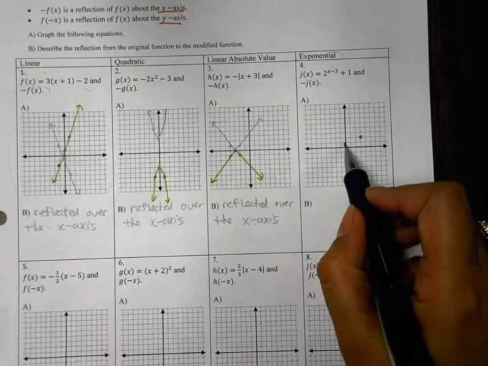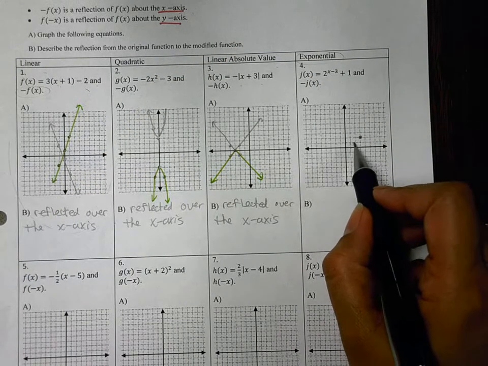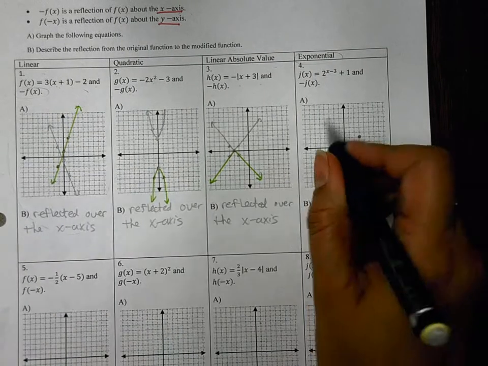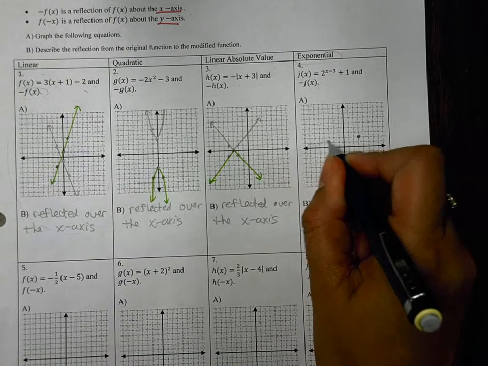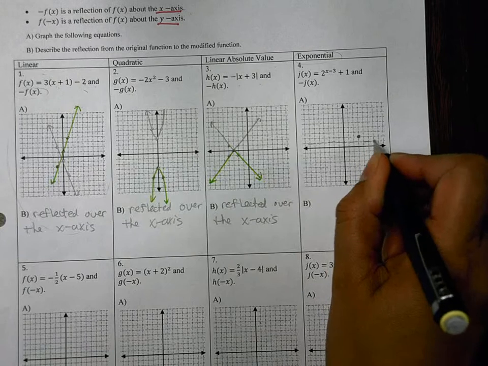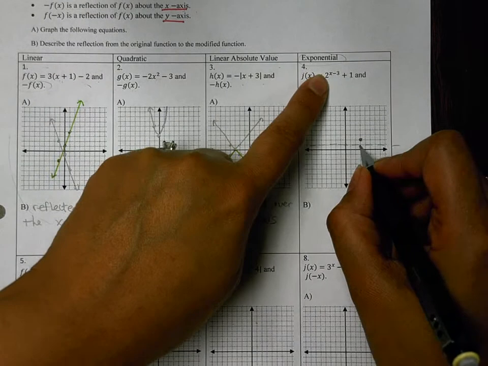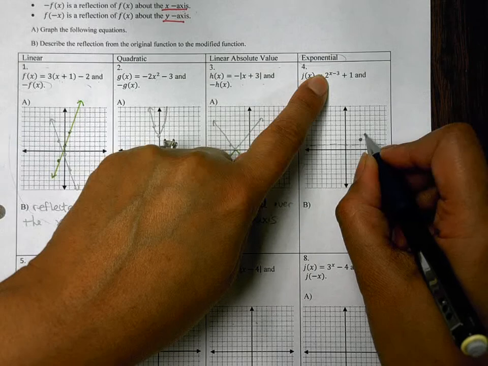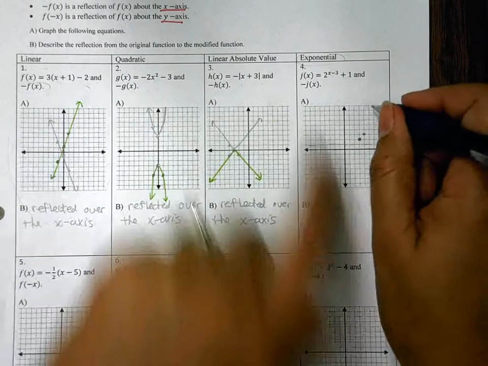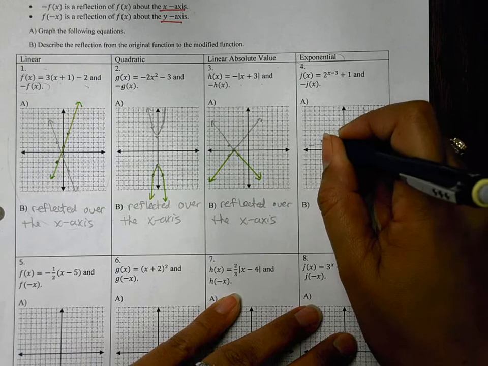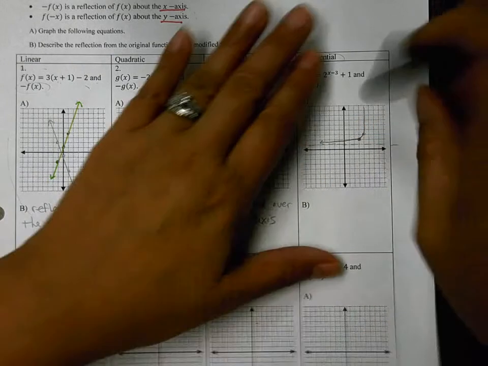Again, from 0, 1, I went right 1, 2, 3 and up 1. I always go down 1 for my asymptote. And then from that dotted line, I go up 2, because that's a 2, up 2 over 1. I cannot do it again because it's not linear, it's curvy. So it looks like that.